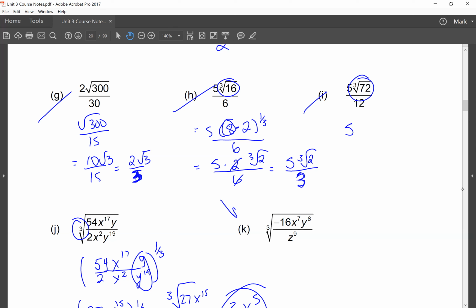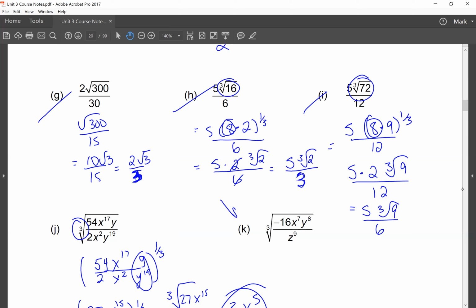I could rewrite this as 5 times the cube root of 8 times 9 over 12. And then I can remove this, so I get 5 times 2, and I still get my 9 in there over 12. Then I'm going to reduce by 2. So I get 5 times the cube root of 9 over 6. And there we go. There's that one.